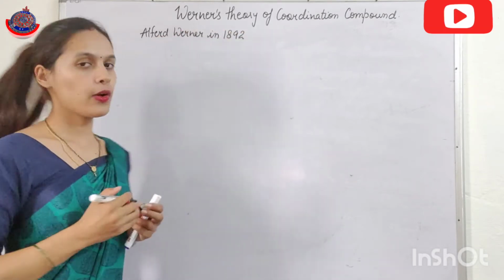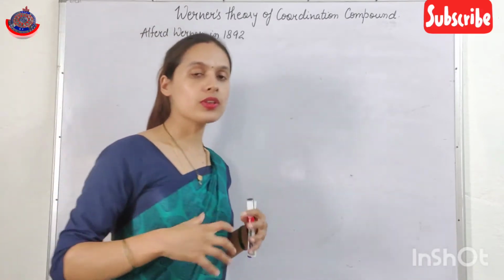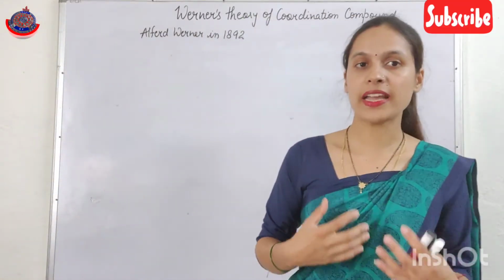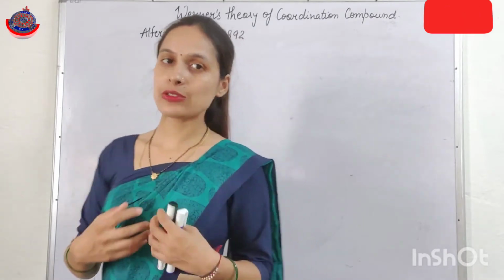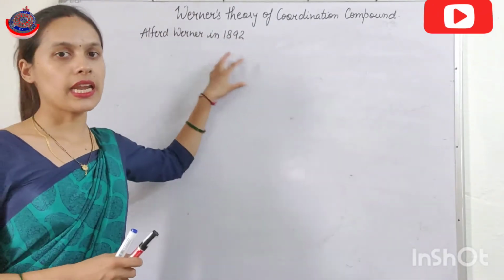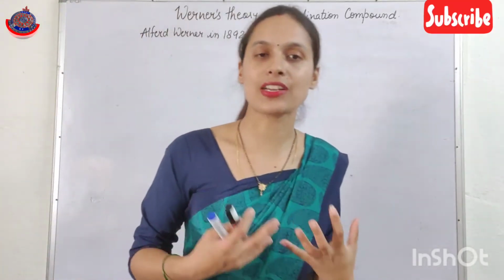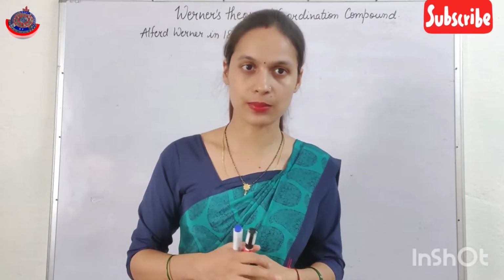Now, in 1892, Alfred Werner produced a number of complexes by the reaction between COCl3 and ammonia. Means Alfred Werner ने 1892 में COCl3 and ammonia की reaction करवा के number of complexes बनाए.